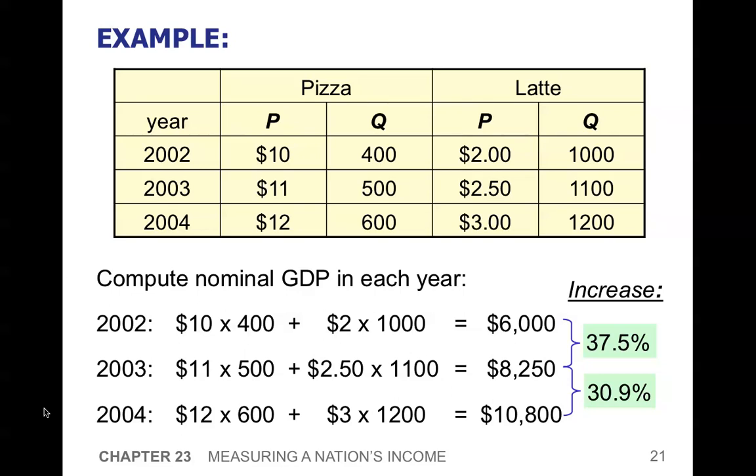Now that looks like a big number, and it is a big number. But notice that two things have changed here: the prices and the quantities. Since GDP does look at output, we want to hold constant the effect of prices. So we calculate real GDP to take that into consideration.